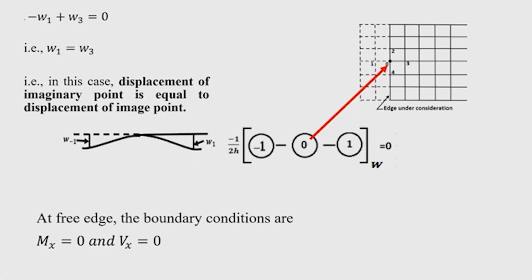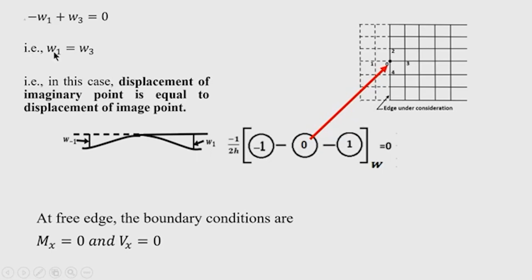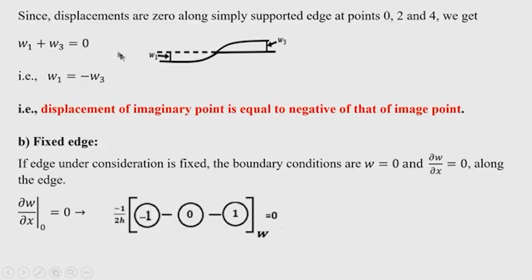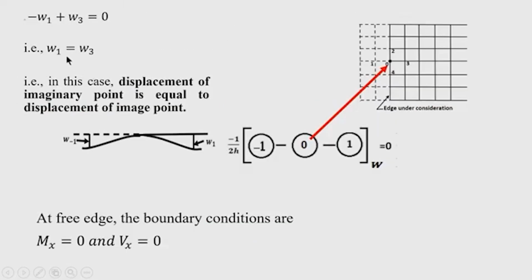So, whenever the imaginary point appears, we can now replace it by the displacement of the image point. Similar was the case in simply supported edges, but you can see the difference here. Here W 1 equal to W 3, but there you get W 1 equal to minus W 3.